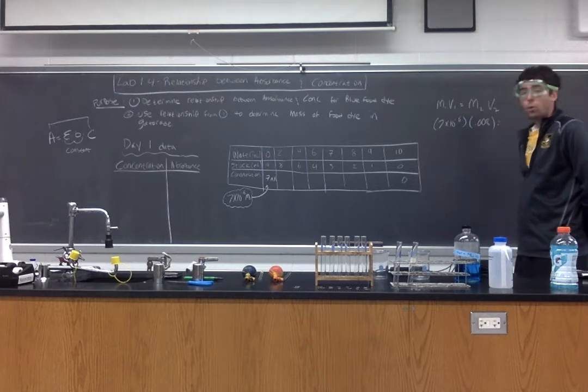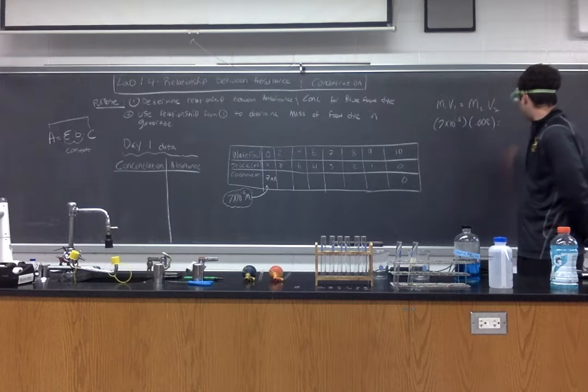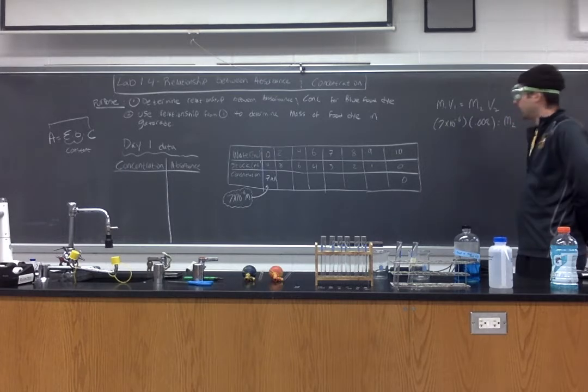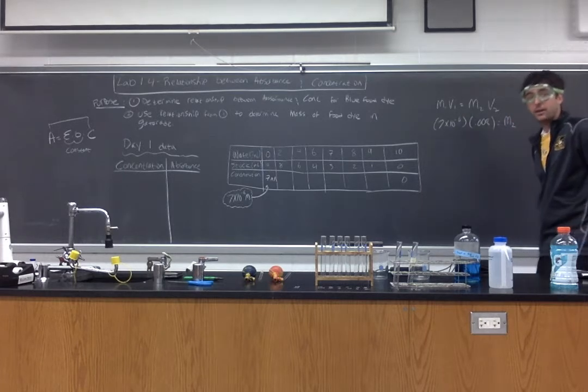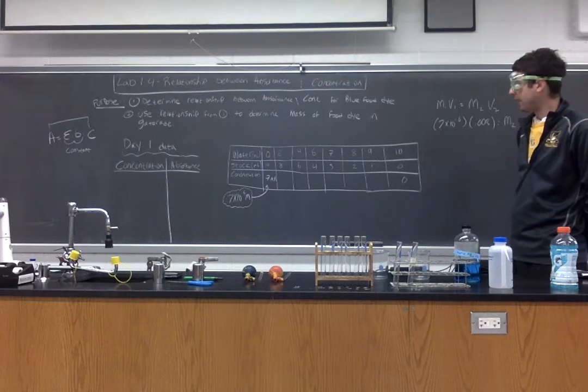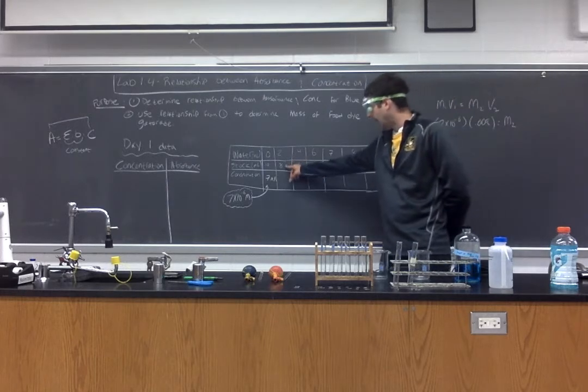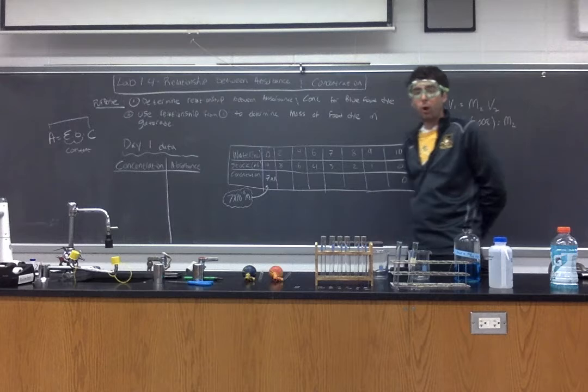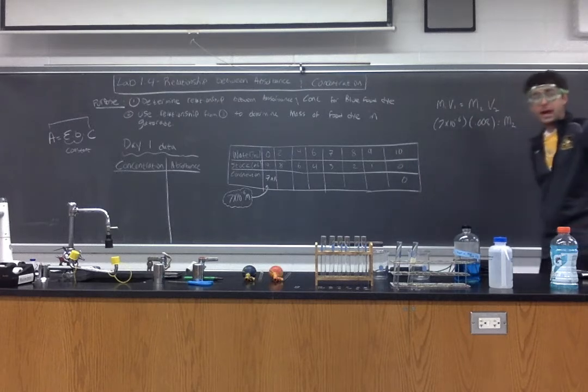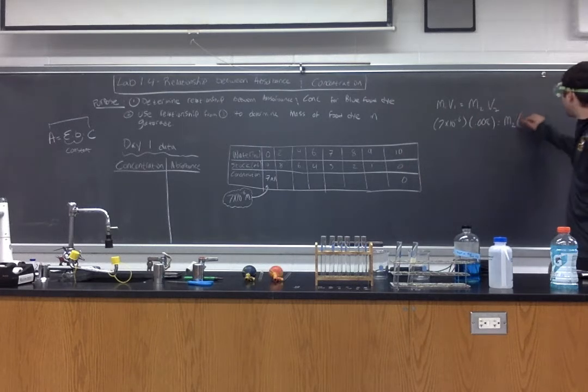We don't know what the new concentration is after we dilute this, so that's what we're solving for. I know that the final volume of the solution, if I use 8 milliliters of stock and 2 milliliters of water, will be 10 milliliters, or 0.01 liters.